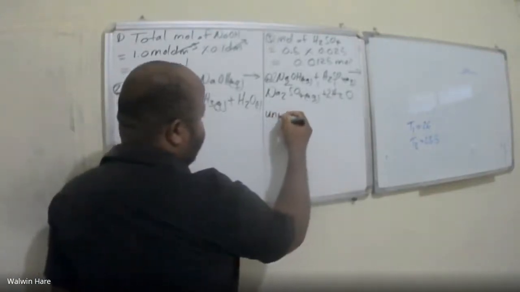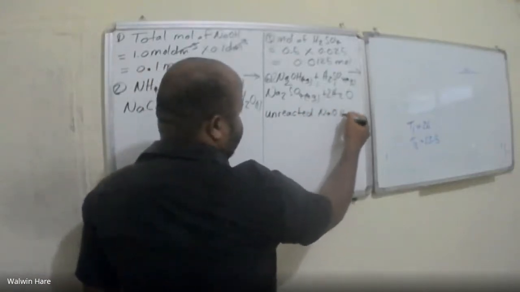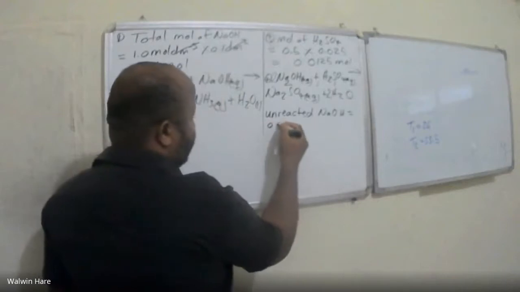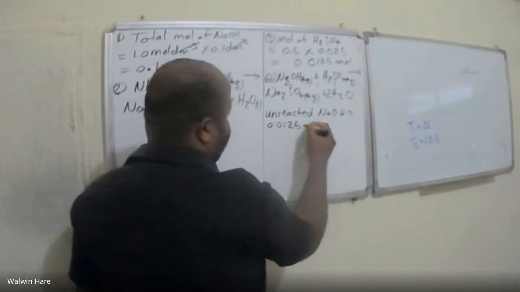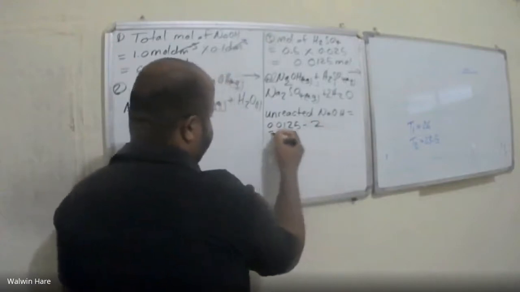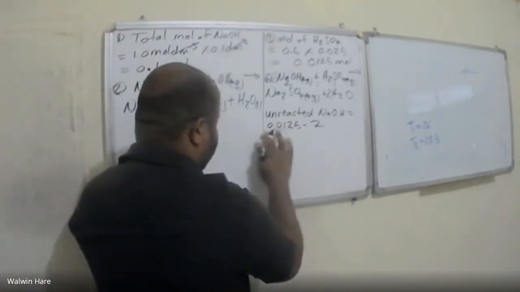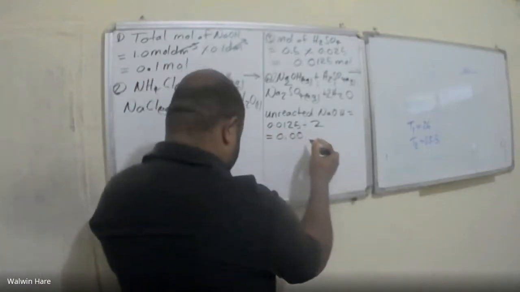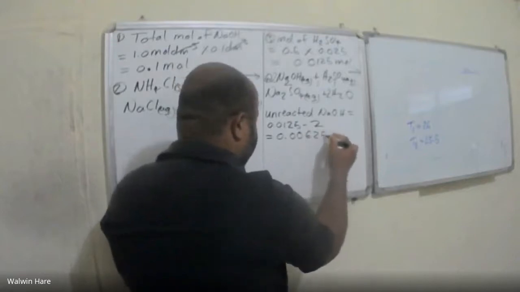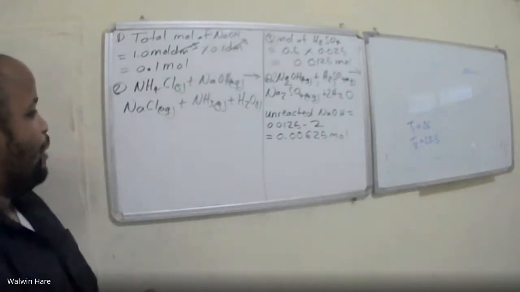So unreacted NaOH is equal to 0.0125 divided by 2, we get 0.00625 moles. So that's the unreacted moles of NaOH.